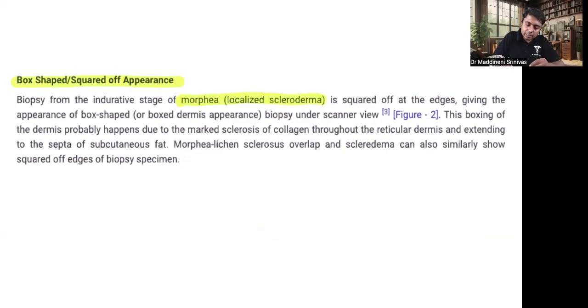Basically, this is due to the marked sclerosis of the collagen throughout the reticular dermis, and it can even extend to the subcutaneous fat. So you can remember for future examinations, there may be a possibility of lichen sclerosus, morphea overlap, and scleredema also showing this box-like or squared-off appearance.